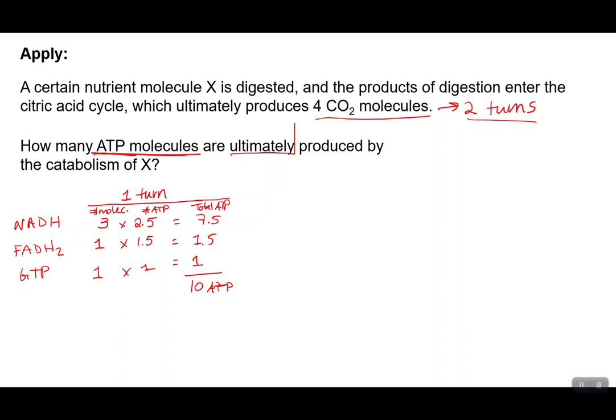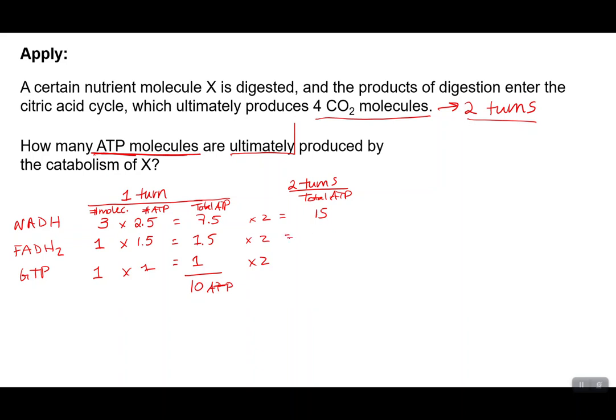All right, so we discussed that here we don't have 1 turn, we have 2 turns. So to calculate the total of ATP, we would just multiply this by 2, because we've done 2 turns, and then that will give me 15 ATPs for the total NADH molecules.